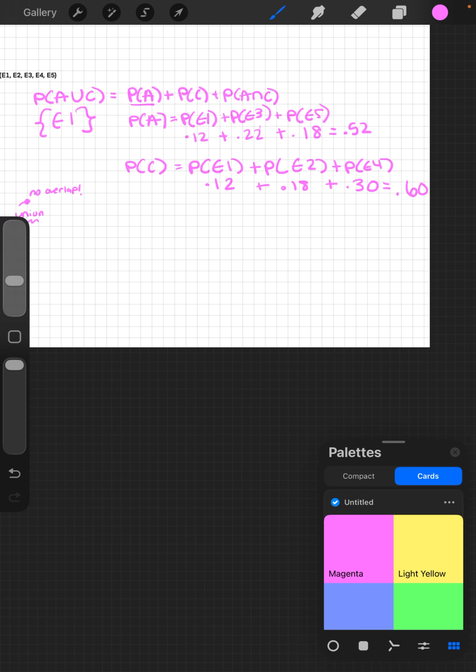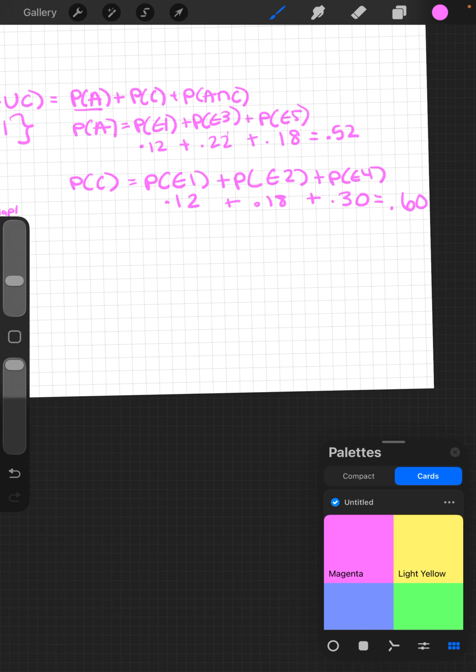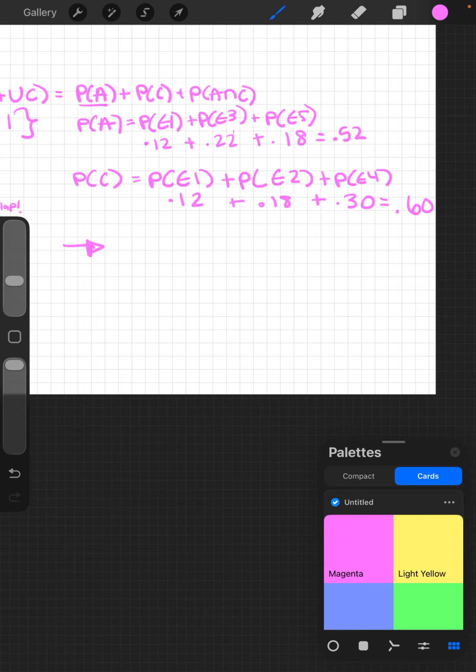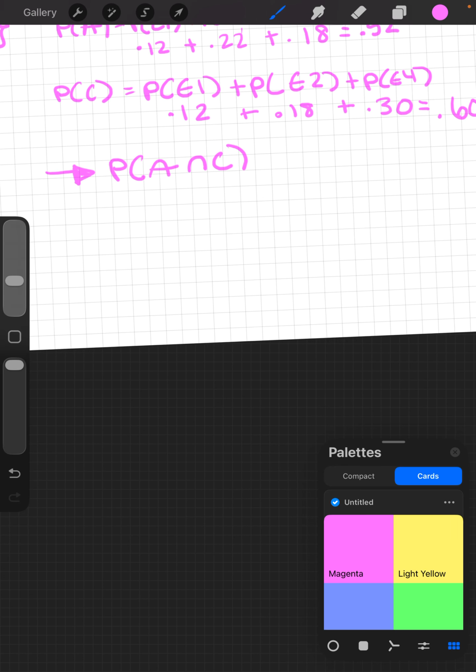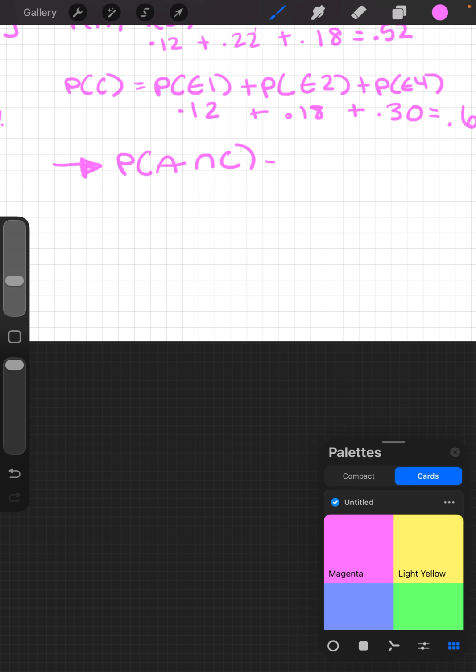Now we're going to find P of A and C, which is equal to E1, which is just 0.12.